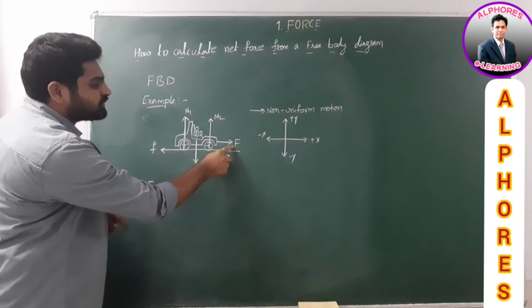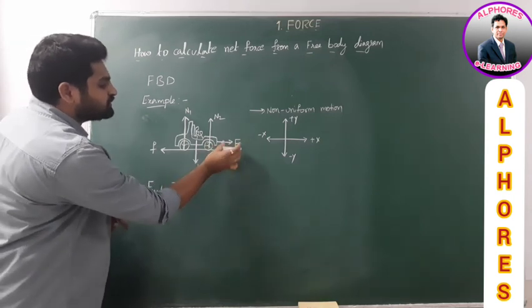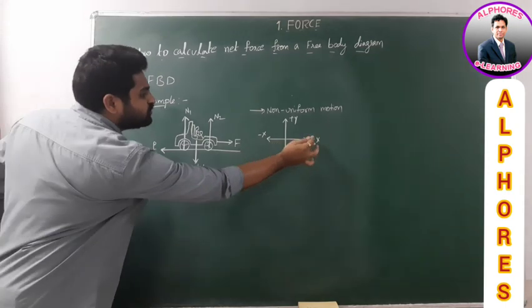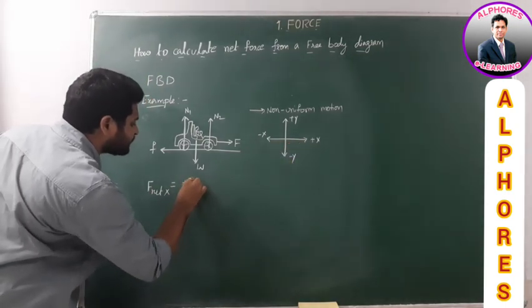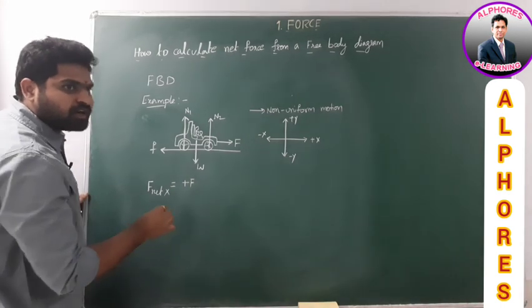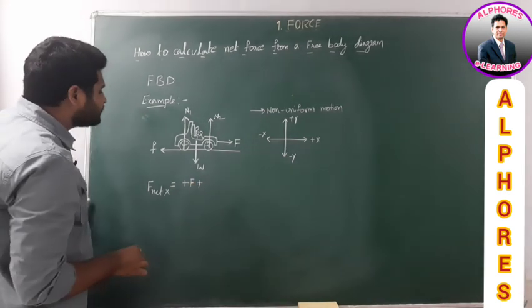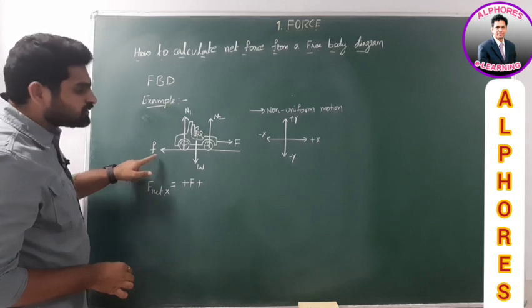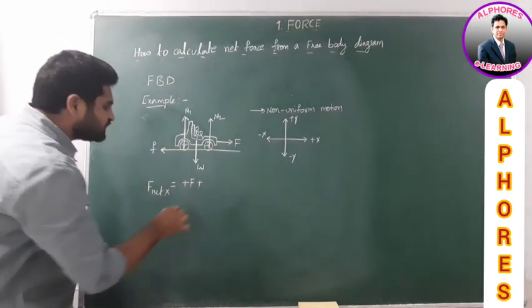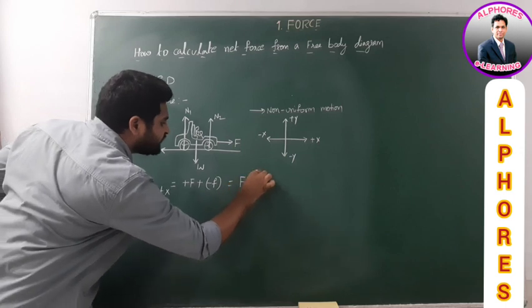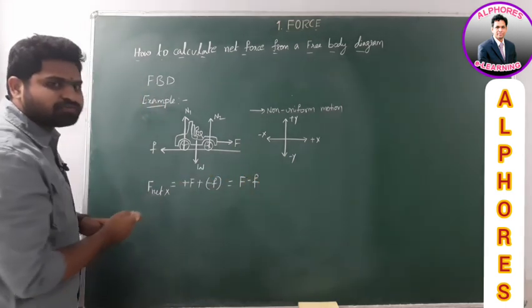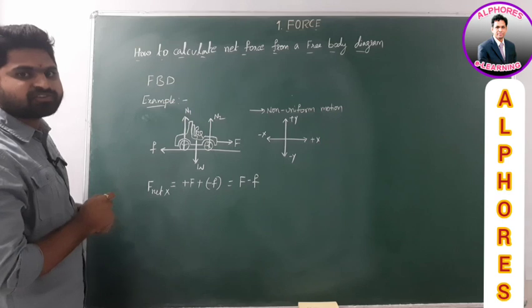This is F, the force applied by the engine. This direction is towards positive x-axis, so plus F. As I said, we have to add, so plus, and the frictional force direction is along negative x-axis, so minus f. So the resultant is F minus f. This is the net force along horizontal direction.